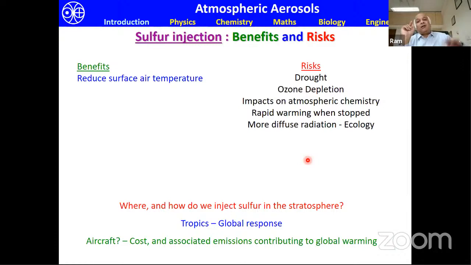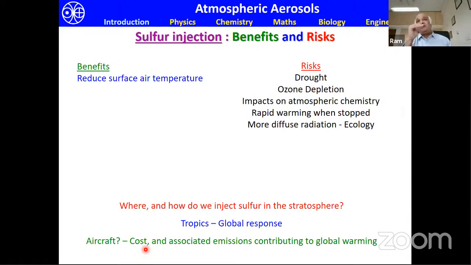And not only that, on the one hand, you are trying to control global warming, but there are emissions associated with aircraft flying all the way up to 20 kilometers or so, transporting not 1 or 2, but 3 to 5 megatons of sulfur dioxide, and then spraying it in the tropical belt.